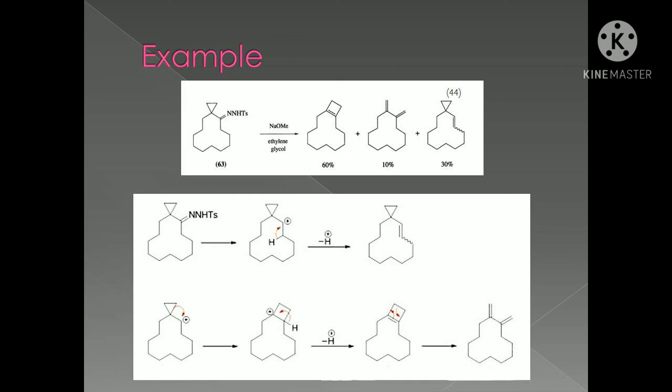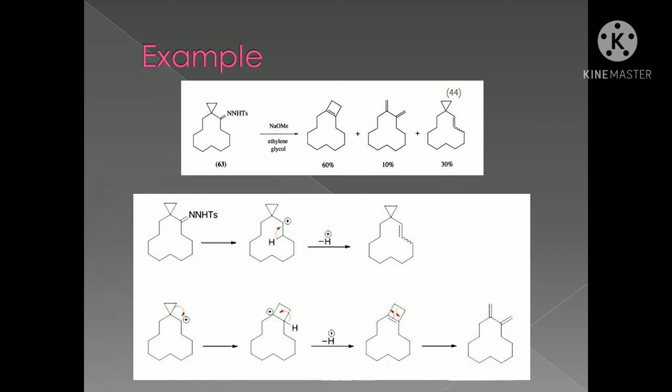Here I gave you an example for Bamford-Stevens reaction. For this reactant, 3 products are possible. We know that tosyl hydrazone in presence of base will generate carbocation, which after deprotonation gives the product alkene, which is the product C. The same carbocation can also undergo ring expansion by 1,2 shift to form another carbocation.